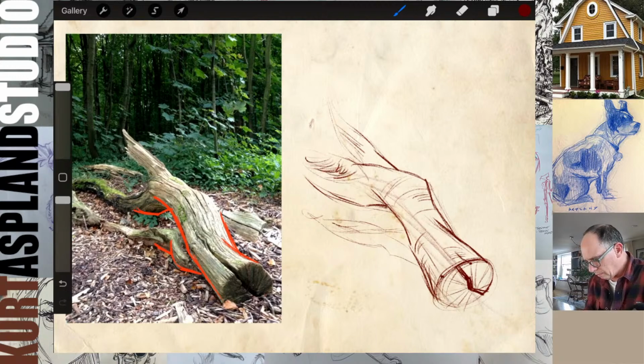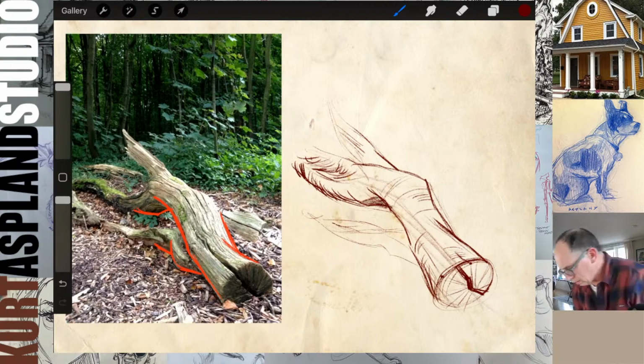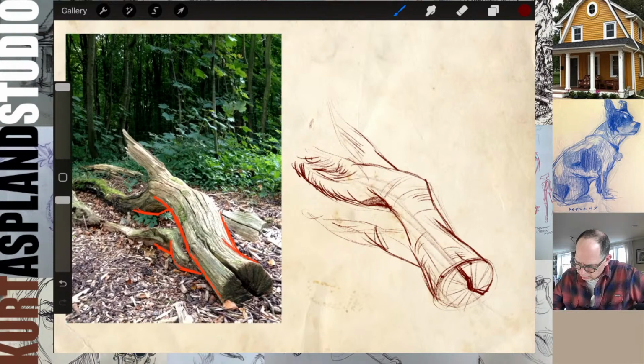The wood chips have started to turn into soil. There's moss that's growing in there now. You can see that this is coming around. I keep looking for areas where I could use these Y's to try and describe form.